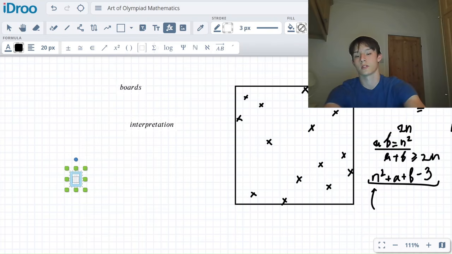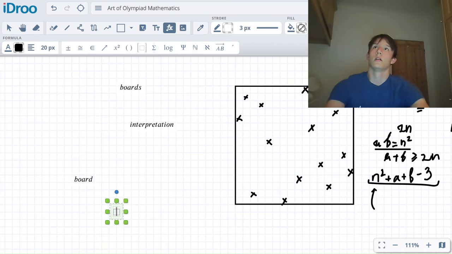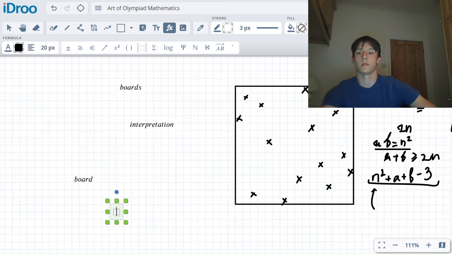First of all, there's just the board. Second of all, there are graphs. Not just graphs, but you know what they're called. I forgot the name.